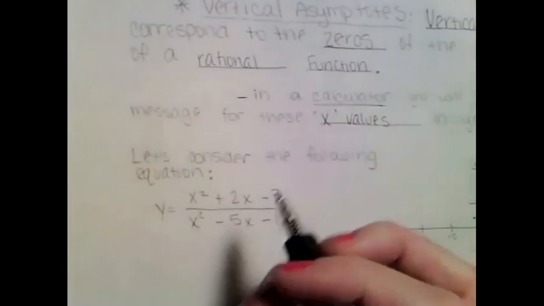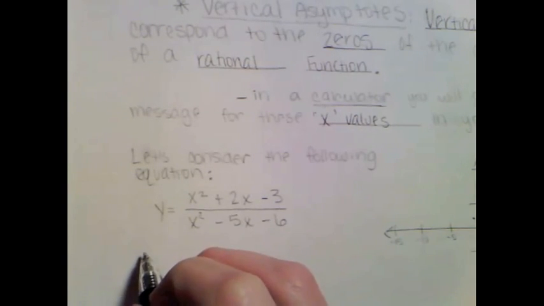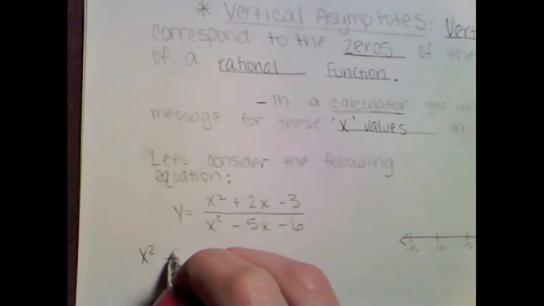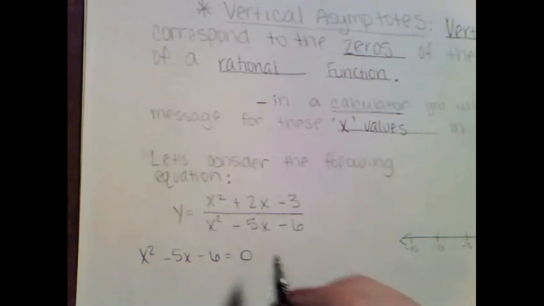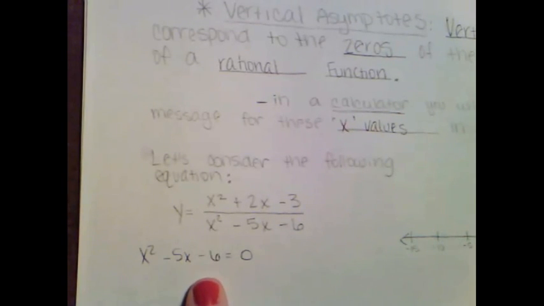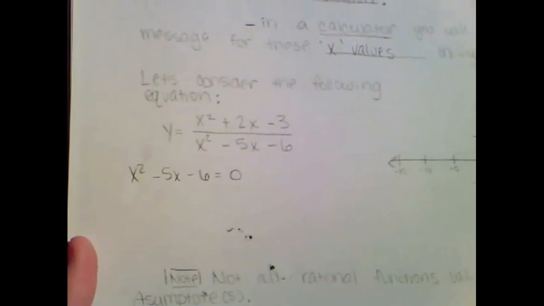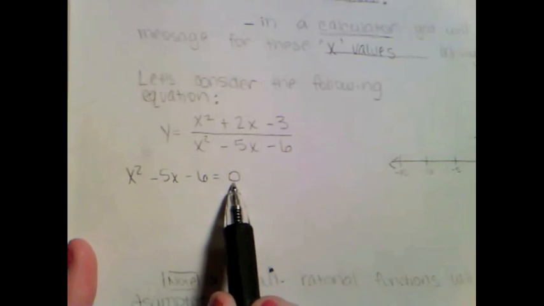So to find these zeros, we're going to take the denominator of our function and pull it off to the side. Then we're going to set that function equal to 0, because that's going to tell us what values of x give us that 0 result.